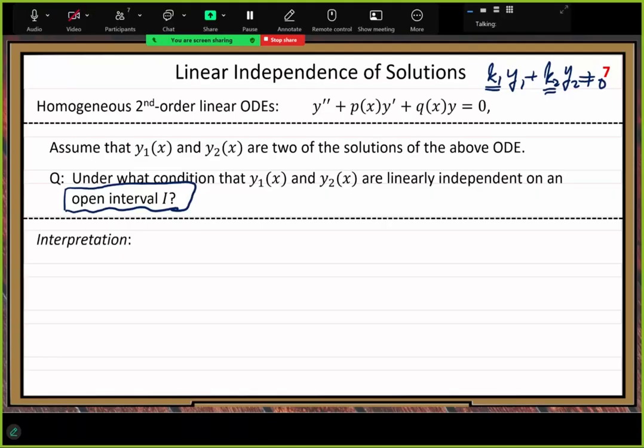Interpretation. What do we mean by linearly independent?